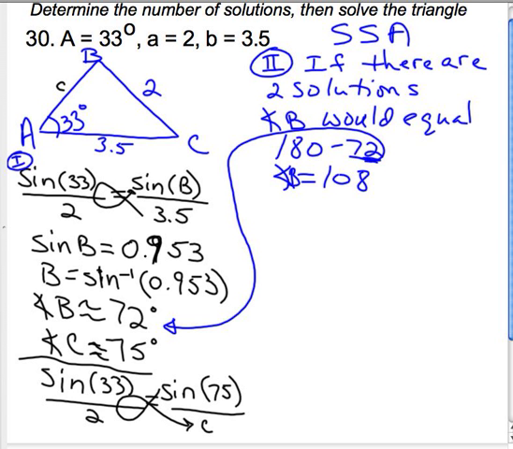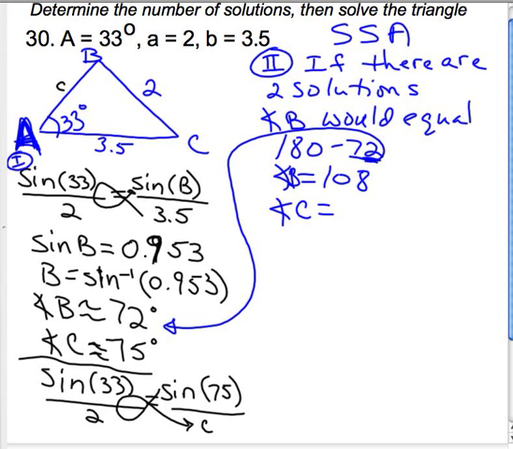Right now, if I think about my triangle, I have the 33 degree angle from angle A. I'm now saying angle B is 108. Those two together allow me to find angle C.